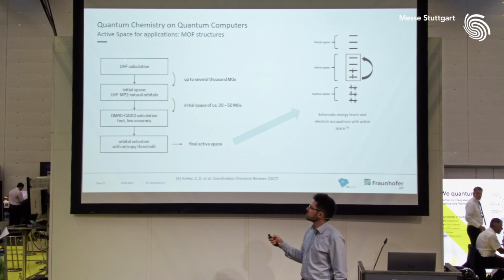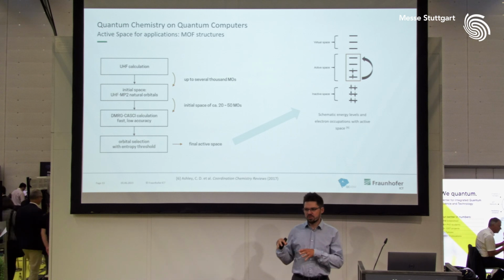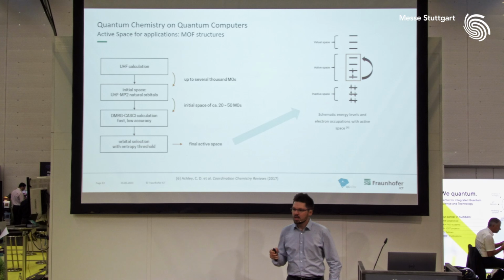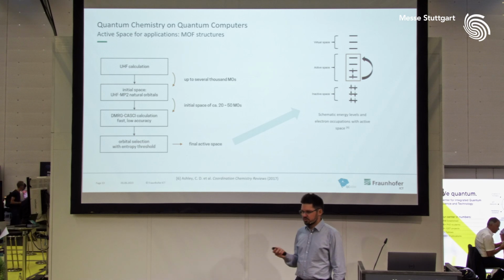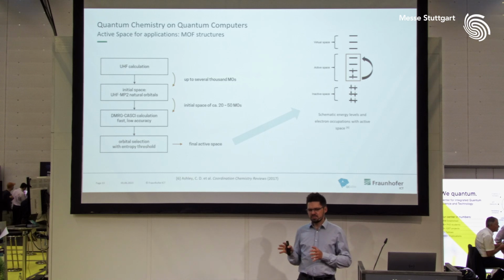So we start with some unrestricted Hartree-Fock calculation. Hartree-Fock neglects all these interactions between the electrons and is very fast and easy to implement on a classical computer. With that, we get a rough idea of how the molecule looks like.